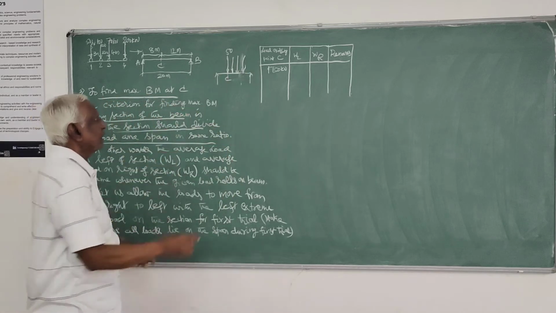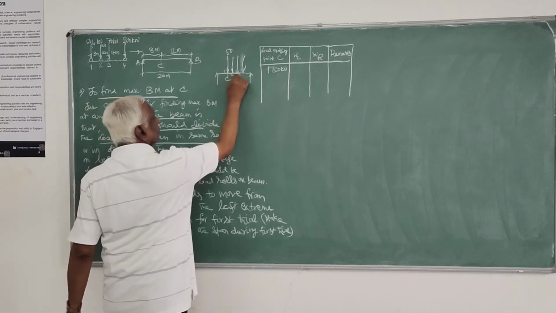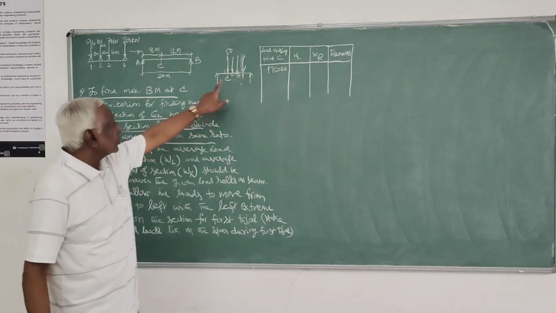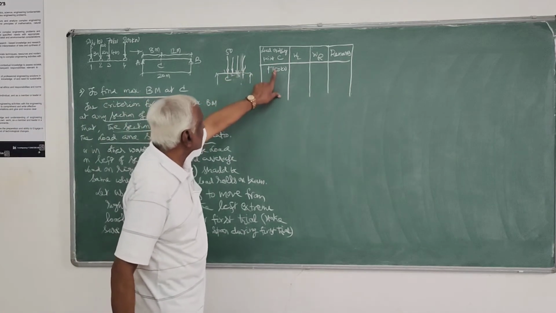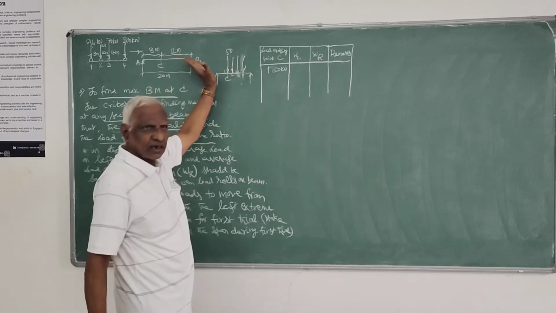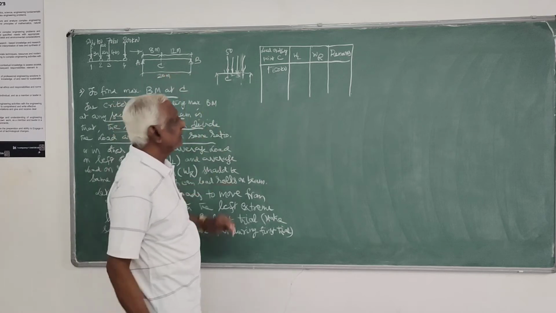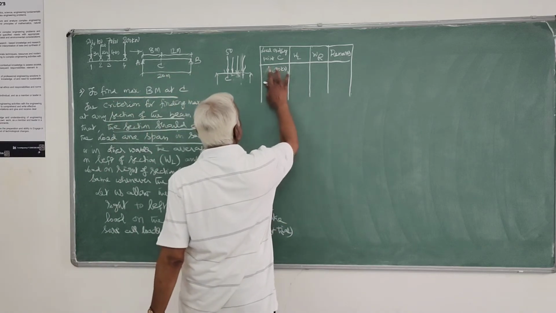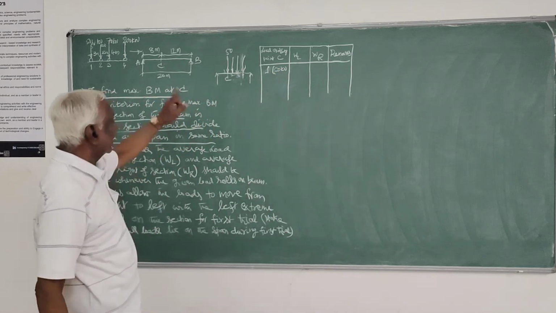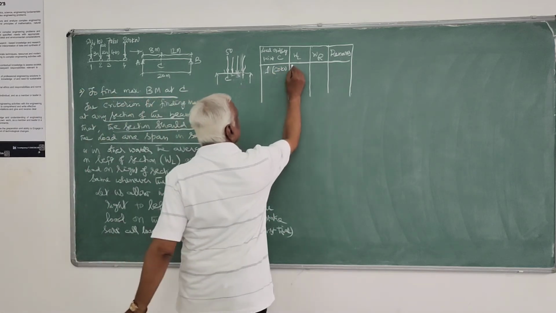So this is the position of loads 1, 2, 3, 4. For the first trial, it has to be like that. Whenever a load is crossing the point C, that particular load has to be considered on the other side of the section.